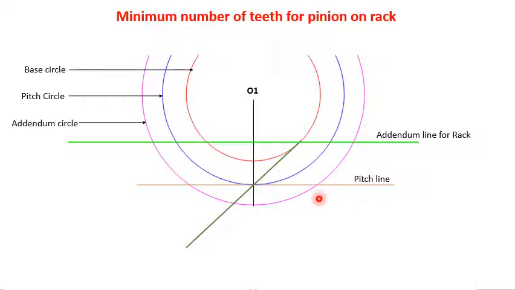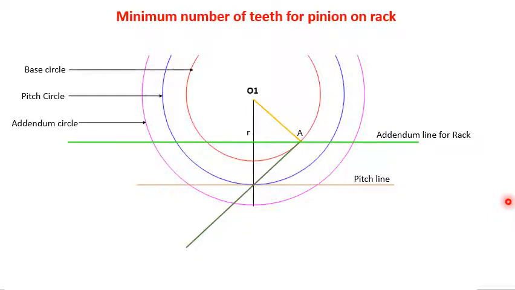O1 represents the center of the pinion, and A represents the point where the tangent line touches the base circle. This is the radius of the addendum circle, denoted by small r.